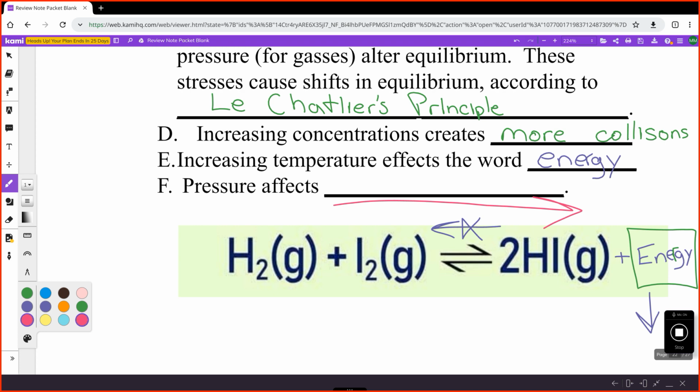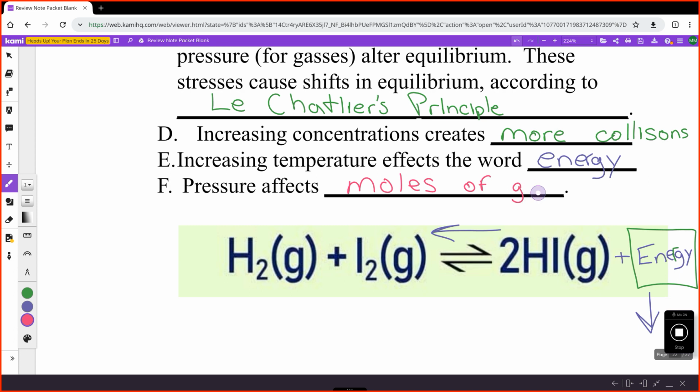And the last thing that we can affect here is pressure. Now, pressure is something that only affects moles of gas.